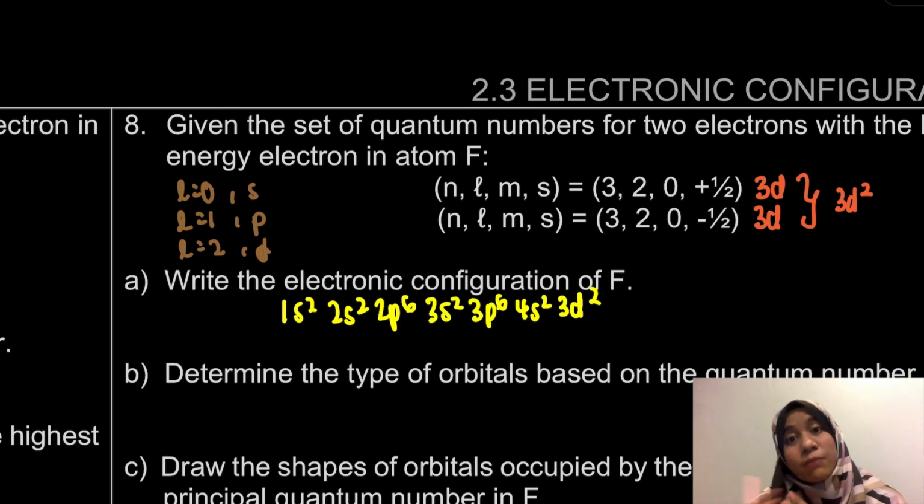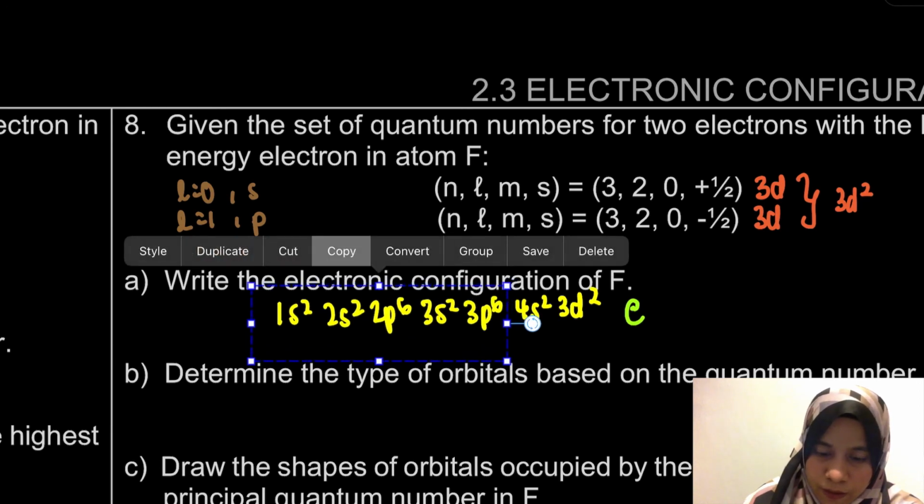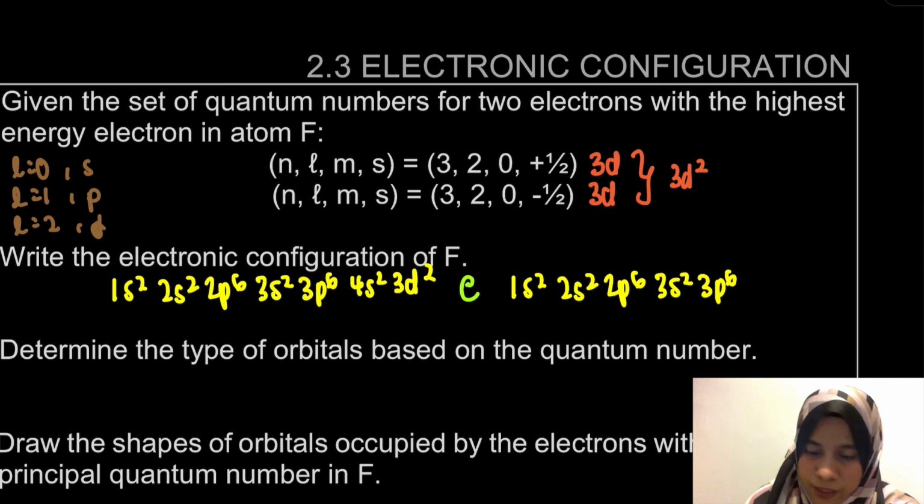That's actually just coincidentally the same as the order of increasing energy. So for the 3D orbital to be filled, we must fill up 4s first. So that's why 4s comes before 3D. So what I'm going to do now, this one is correct, but to be more precise, we arrange it. More precise is if we write 3p6, 3d2, 4s2.